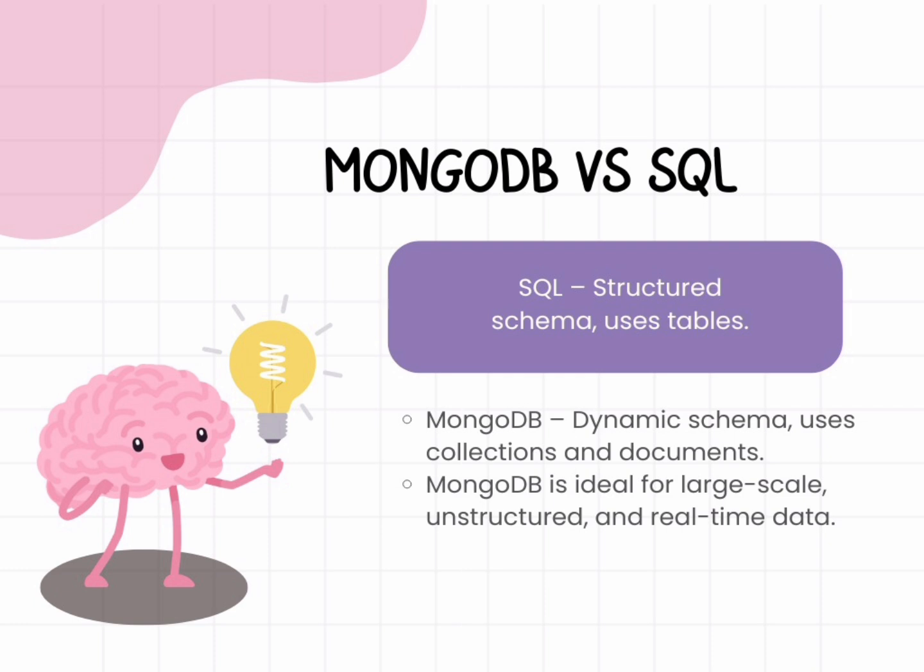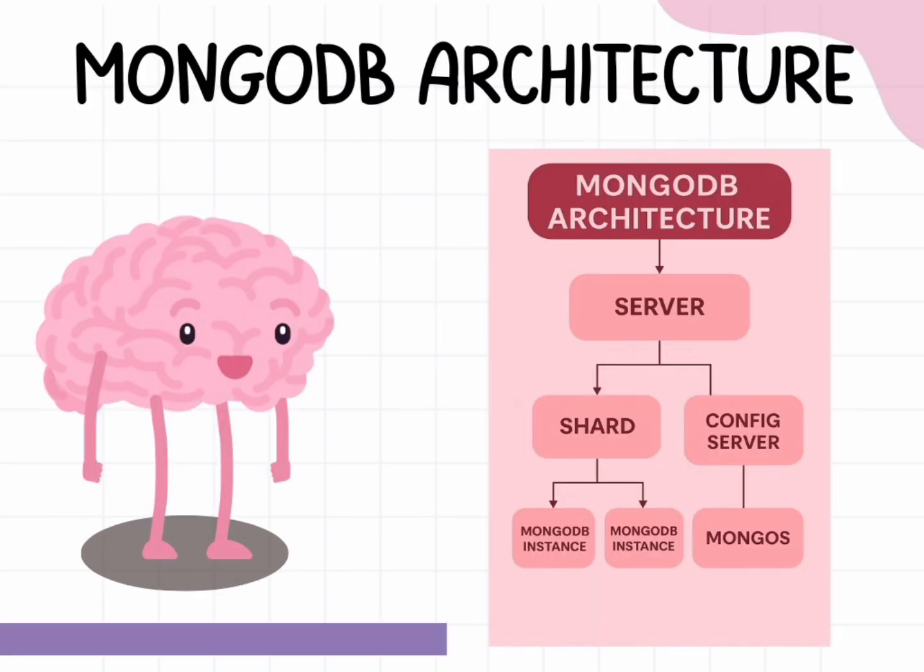The architecture of MongoDB includes clients that send queries, MongoDB server that handles database requests, Mongos router for query routing, especially in sharding, and config servers that store metadata.